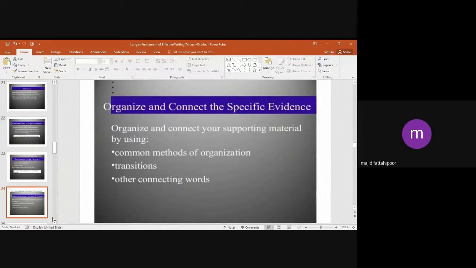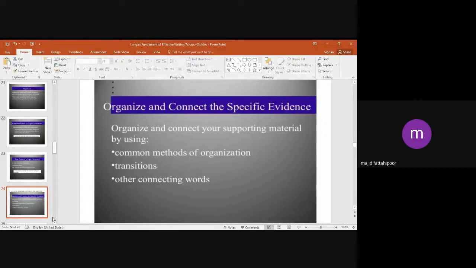Transitions, using transitions. For example, however, additionally, therefore. You use these words whenever necessary. These are transitions. They signal the reader that one reason is finished and another reason is compared or contrasted with the previous sentence.